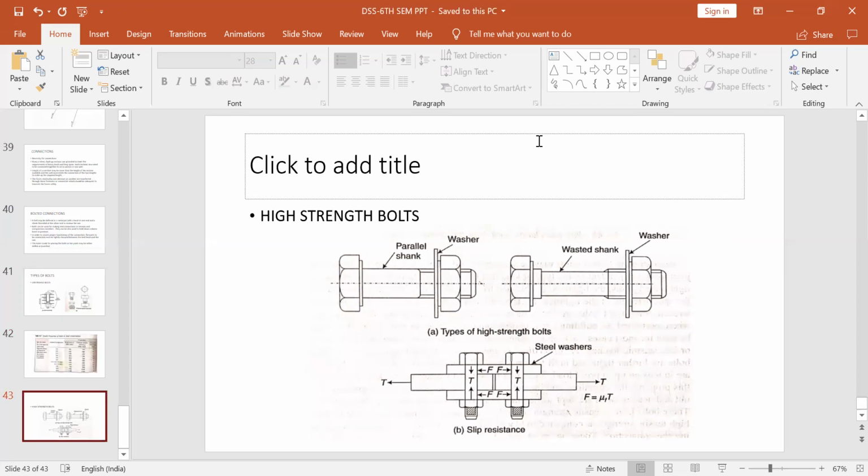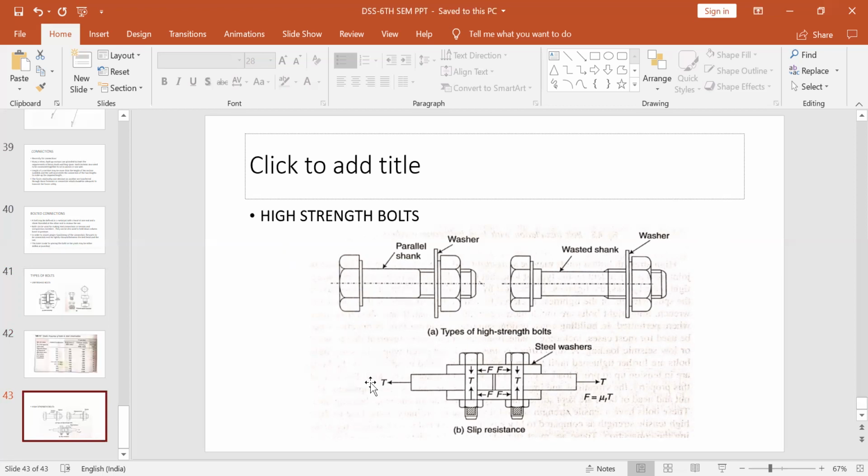So this is the major thing. In ordinary bolts, the loads are primarily transferred by either shear, tension, compression, or bearing. Here, the majority of the loads will be transferred by friction. This is the major difference between the ordinary bolts and high strength bolt.